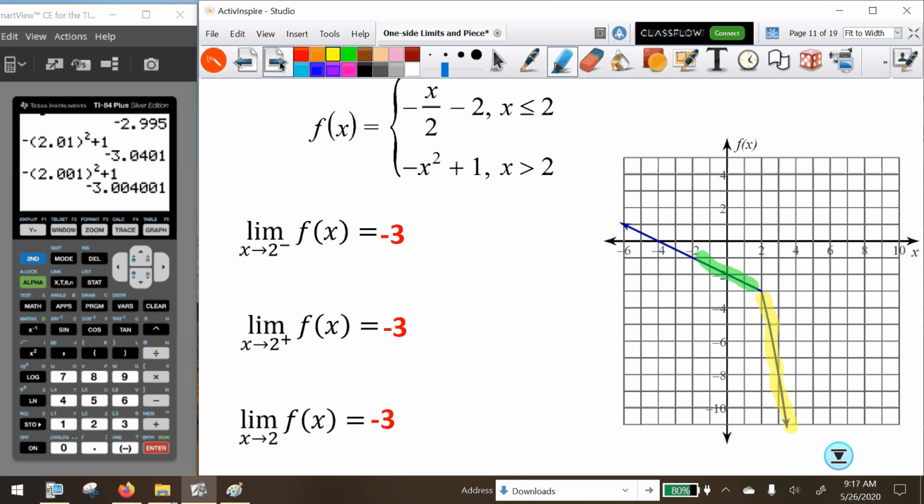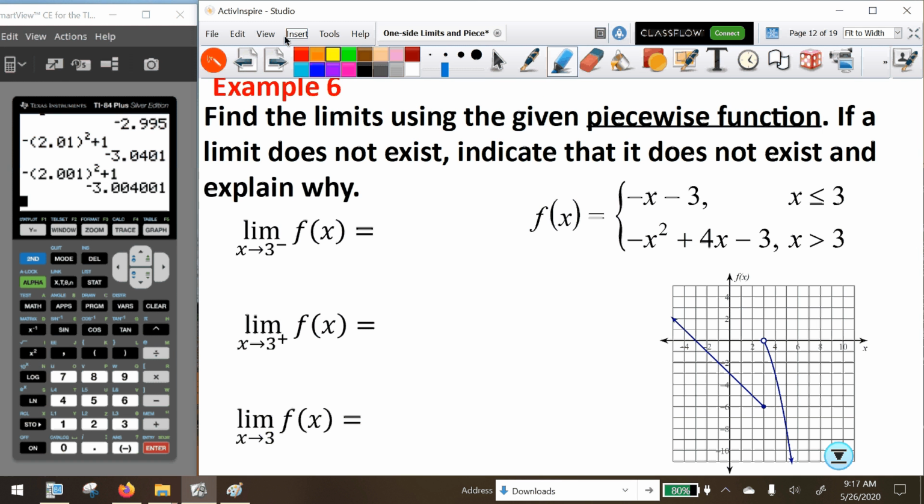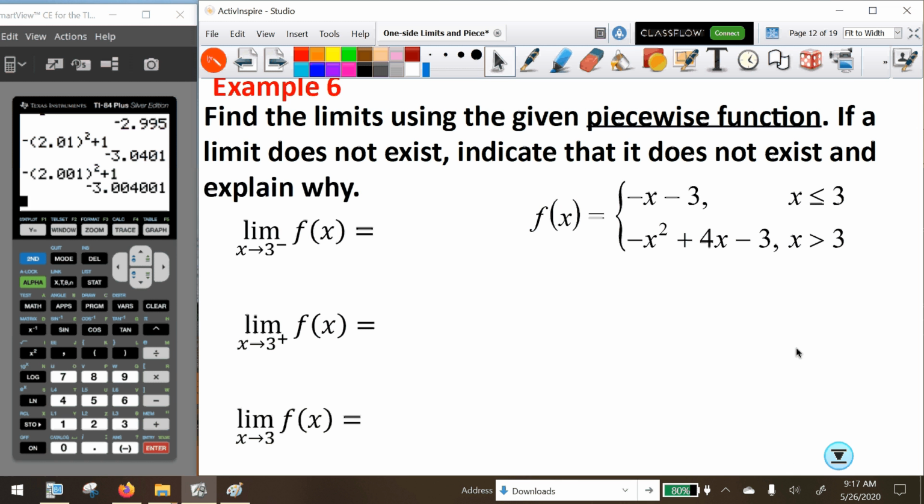All right, let's do another one where we have to analyze a function just by looking at the algebraic definition. All right, so the function is defined as negative x minus 3 for all x values less than or equal to 3.